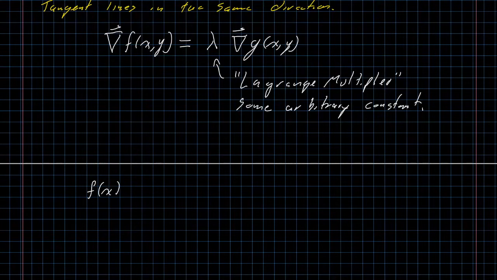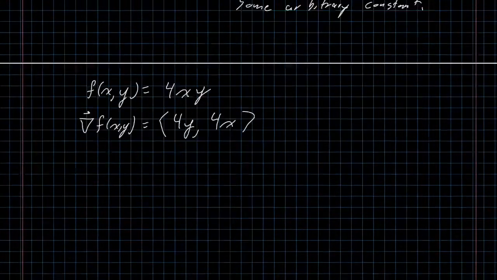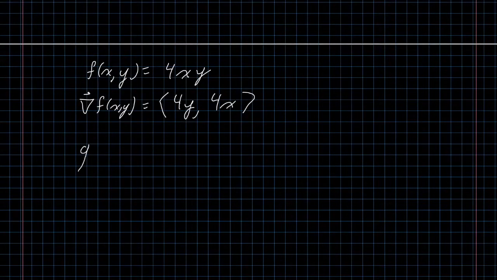We had that f of x and y is 4xy. If we take the gradient of f of x and y, we will get the vector valued function whose x component is the derivative with respect to x and whose y component is the derivative with respect to y. Then we'll take our constraint.